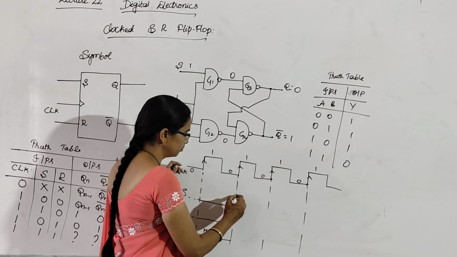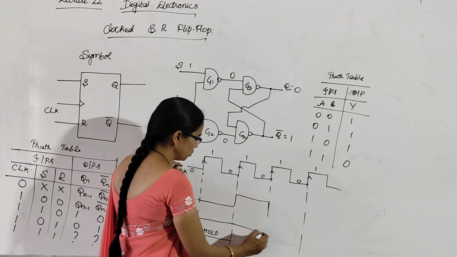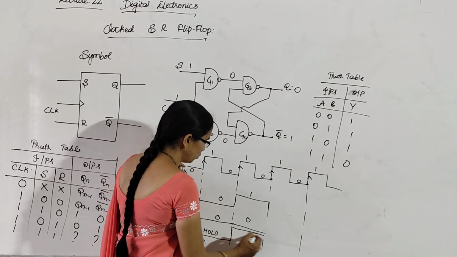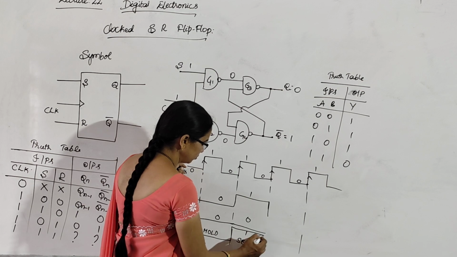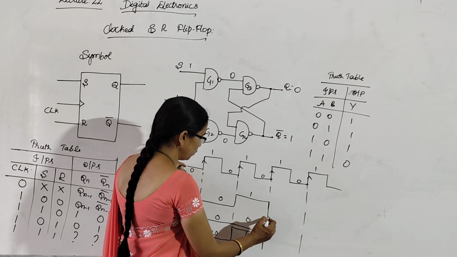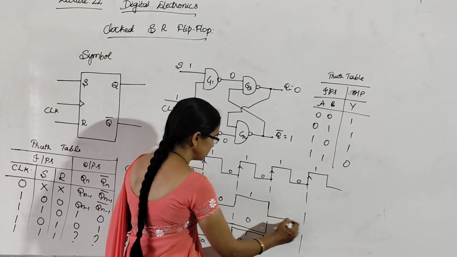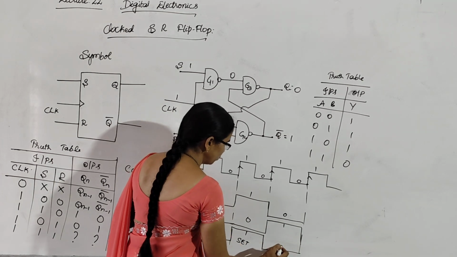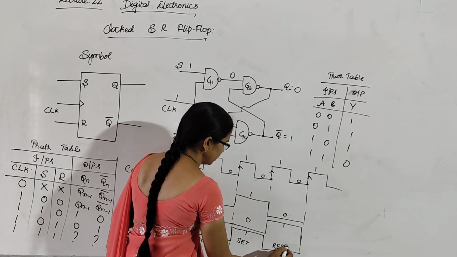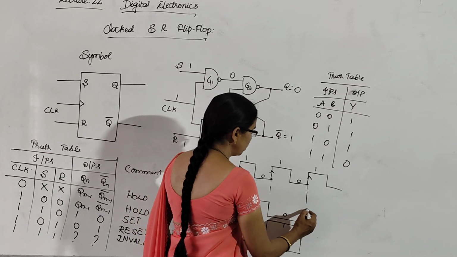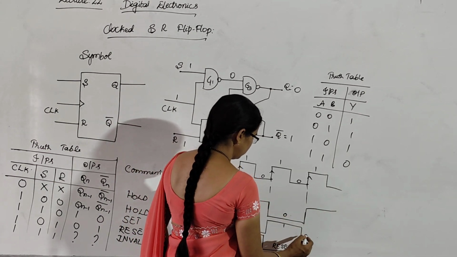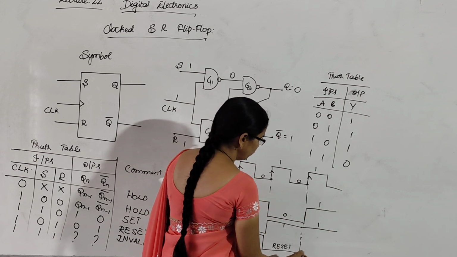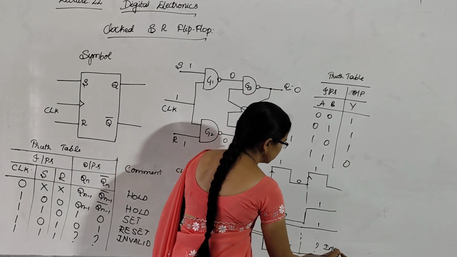If S is 1 and R is 0, Q will go to the set state. When R is 1 and S is 0, it is going to the reset state, Q is going to reset. When both S and R are 1 1, we don't know what this is, and it is called the invalid state.